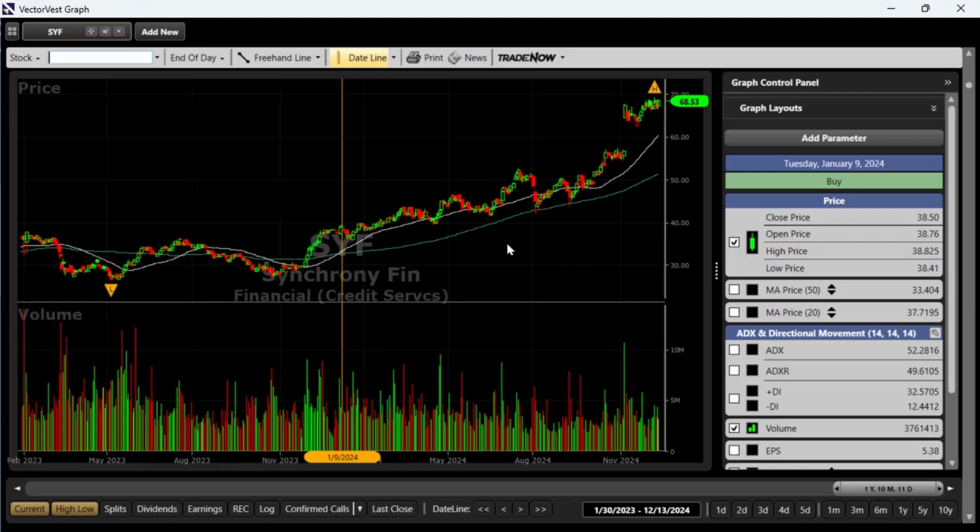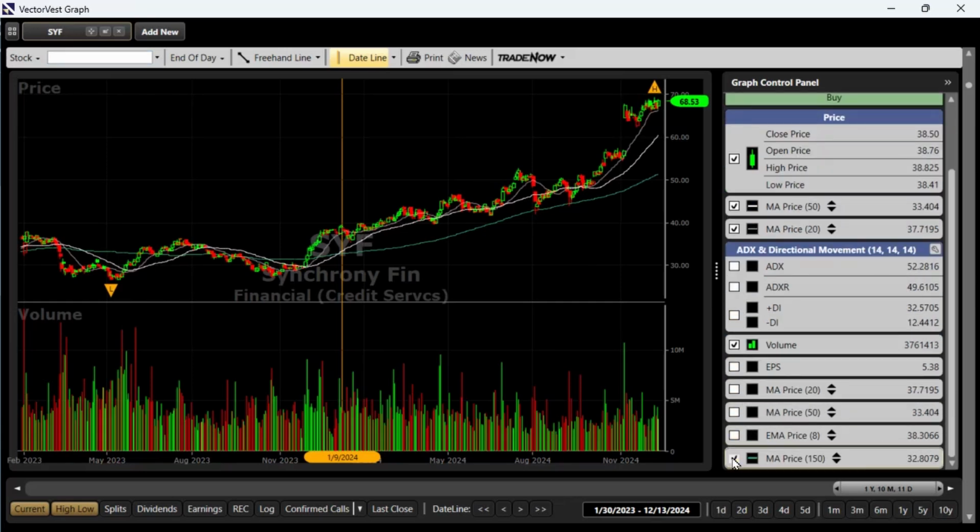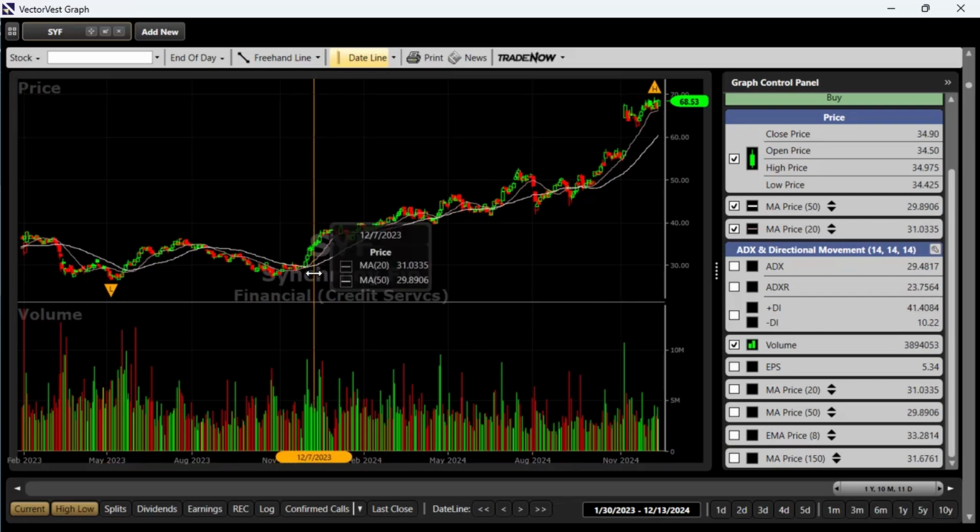If you were a shorter-term trader, let's look at something like a 20-day crossing above a 50-day. That's your midterm trend change. In this case, it happened a little earlier, of course. The shorter-term trend is going to change up before the longer-term trend changes up. So in this case, you had the beginning of December of 2023.